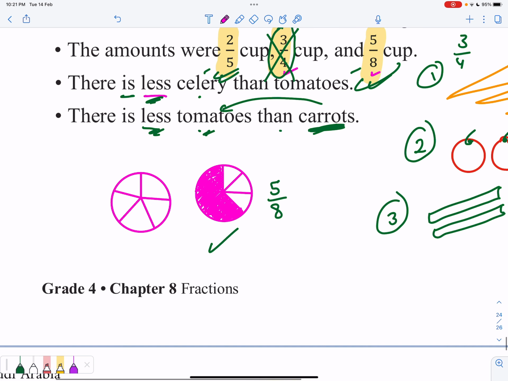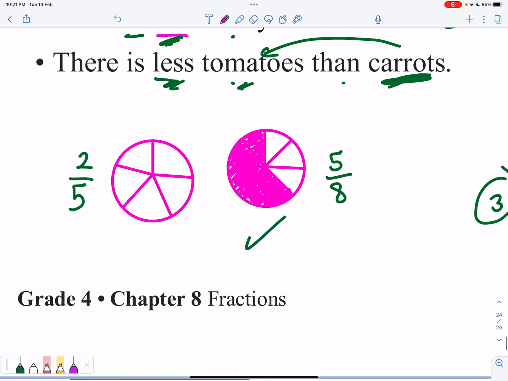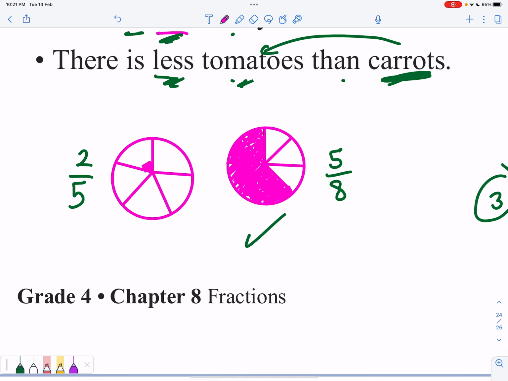We want to color 2 of them because we are representing the 2 over 5. So this is 1 part and this is 2 out of 5.